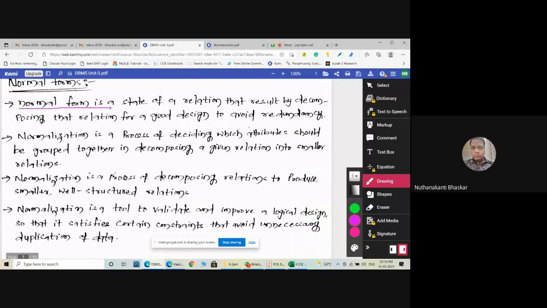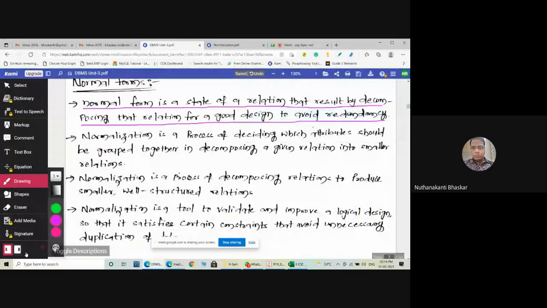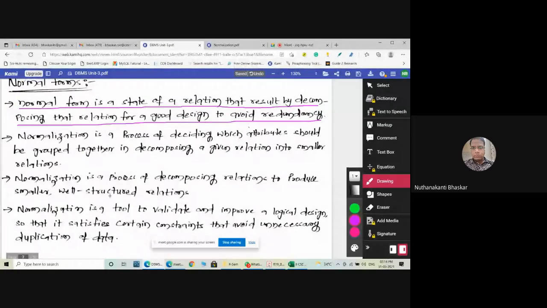The normal form is a state of relation that results from decomposing that relation for a good design to avoid redundancy. Exactly what I told you; maybe the English sentence changes, but the meaning is the same. Is it clear?